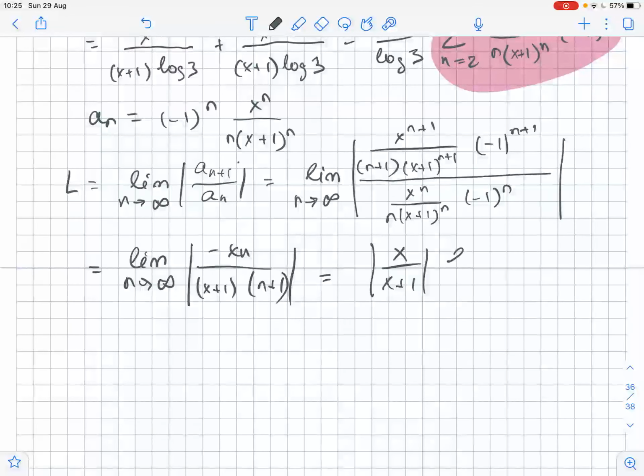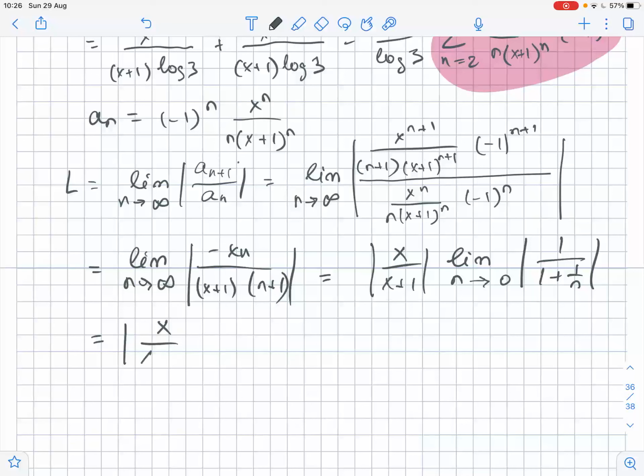Then this equals the absolute value of x over x plus 1 multiplied by the limit of the absolute value of 1 over 1 plus 1 over n, where n approaches infinity, and this equals the absolute value of x over x plus 1. So the series is converging if L is less than 1.